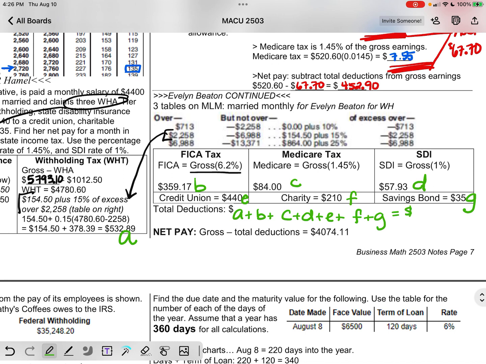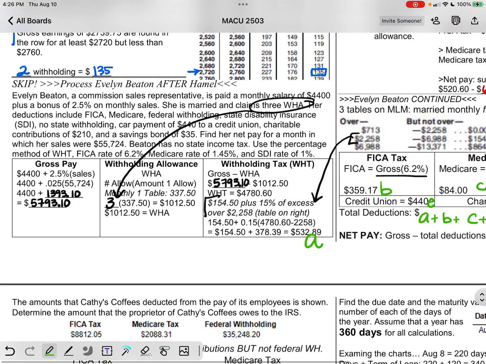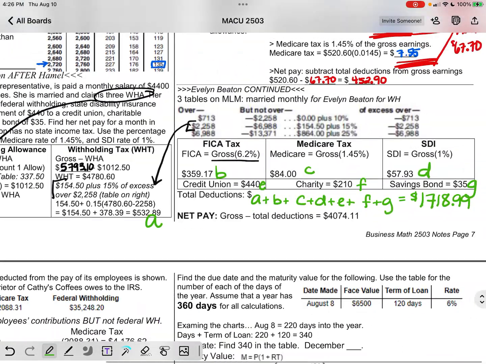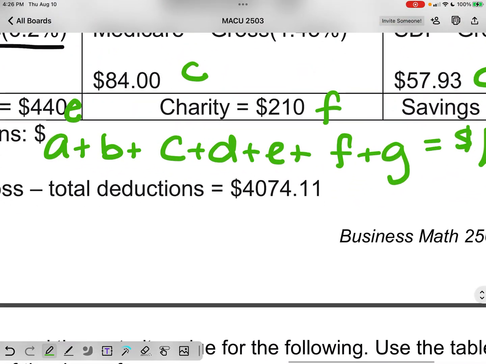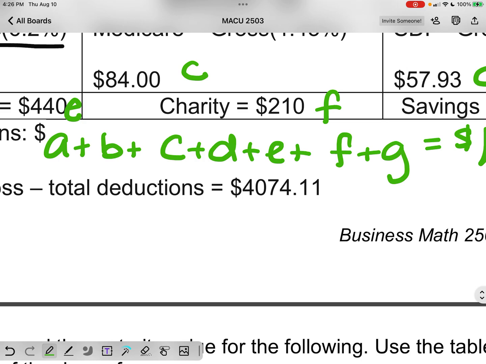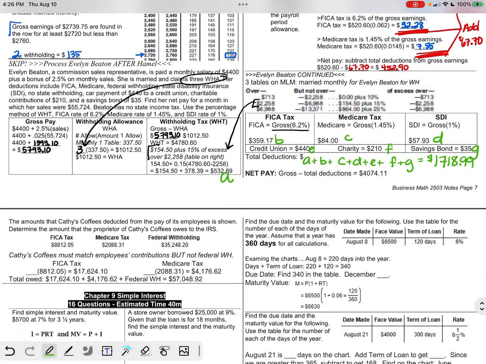So your total deductions are going to be almost $2,000. Then take gross pay, the 5,700 number right here, and subtract our deductions, and that's how you know her net pay. That's where she's at.